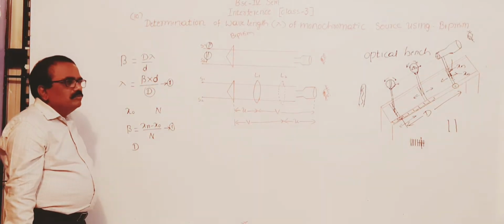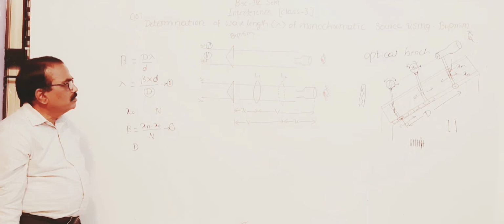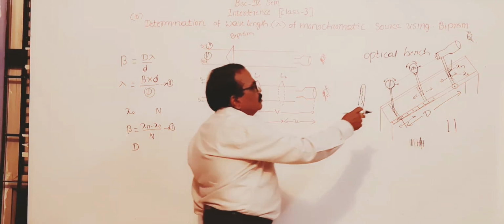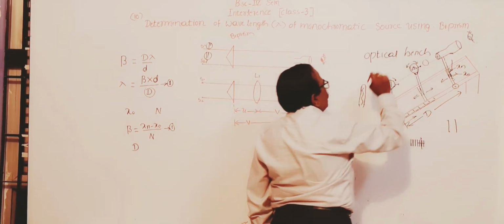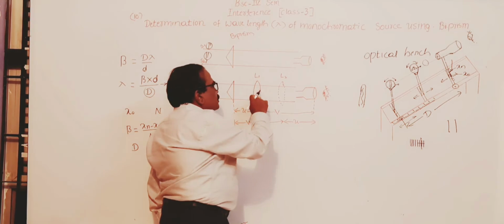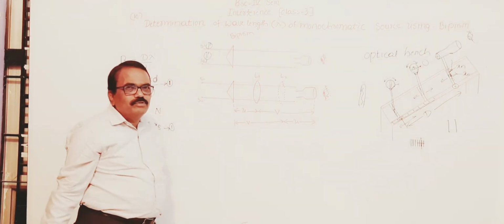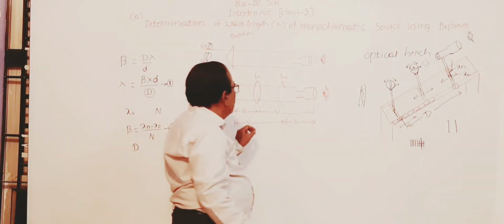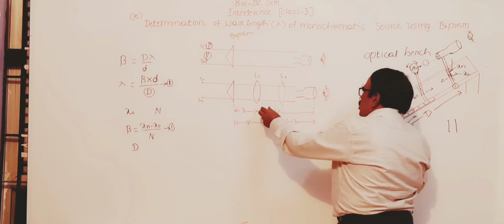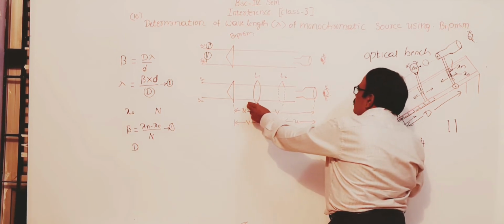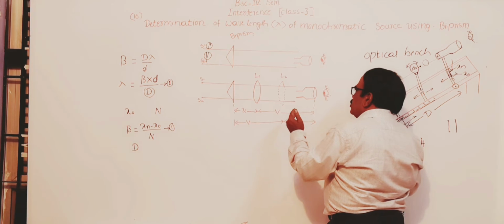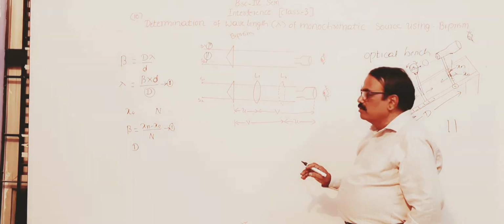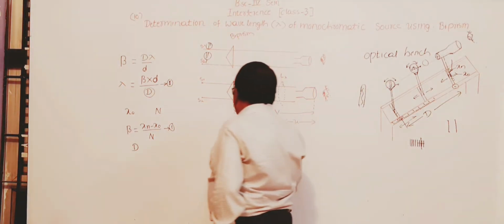Next, to find out small d, in between this biprism and eyepiece, a convex lens of short focal length is introduced. Then, by seeing through this eyepiece, the lens is moved. When you move the lens towards the biprism, then the fringes will merge.